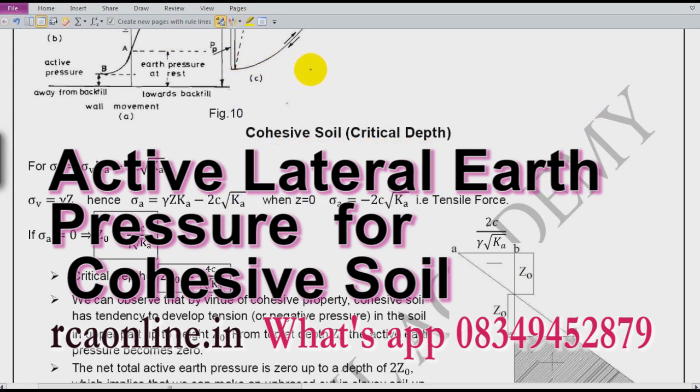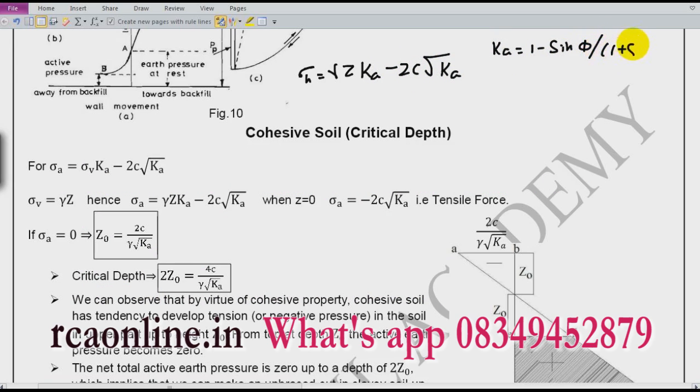Let us take the active earth pressure for cohesive soil. So, for any depth z, the formula will be gamma z Ka minus 2c root of Ka. I make you again remember that Ka is 1 minus sin phi over 1 plus sin phi.